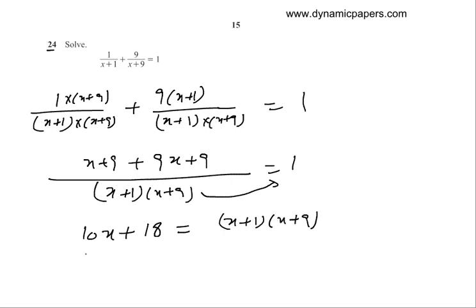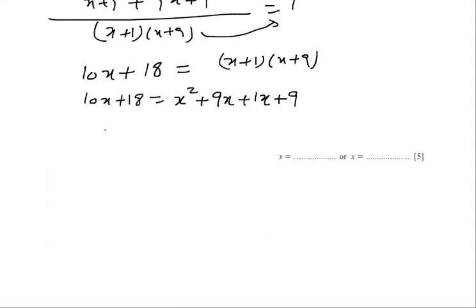Now multiply them also. x with x, x square, x with 9, 9x. 1 with x, 1x, 1 with 9, 9. So I will have 10x plus 18 equal to x square plus 10x plus 9.